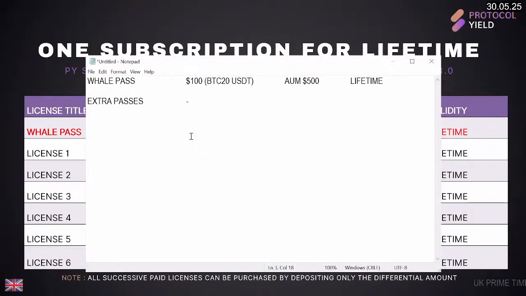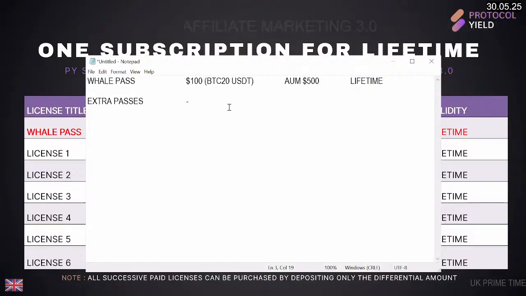Many leaders have bought hundreds and thousands of whale passes just to capitalize on this, and we had given you this advice. So everybody who have purchased whale passes for themselves or for future prospecting, now they have an advantage.